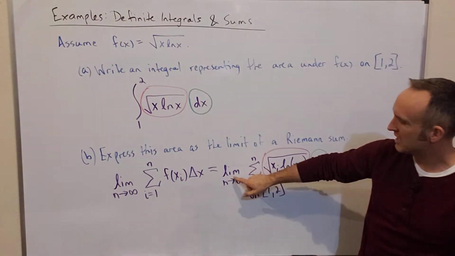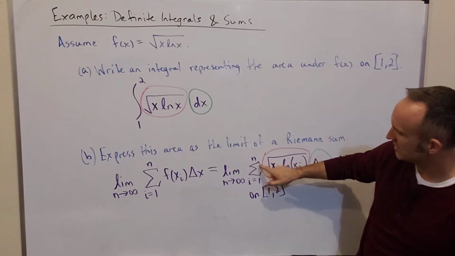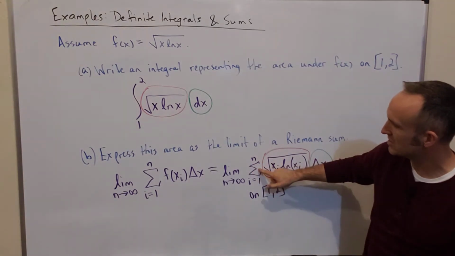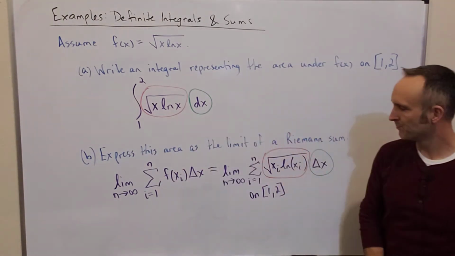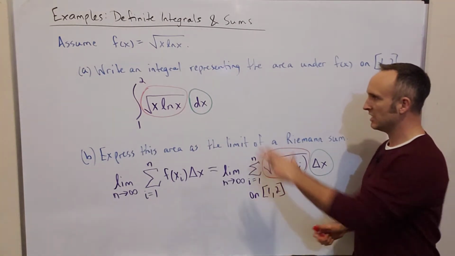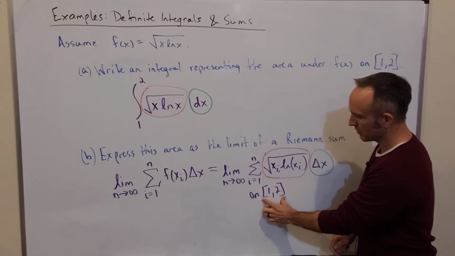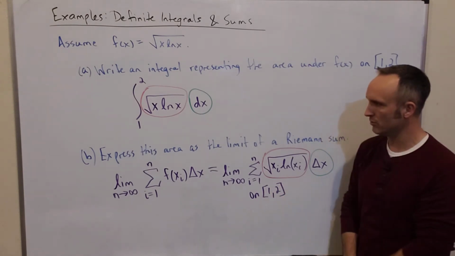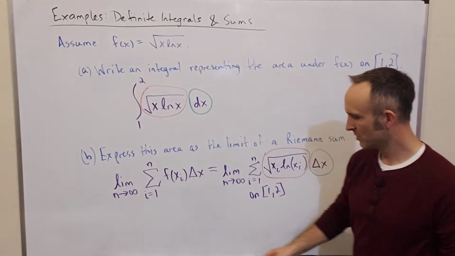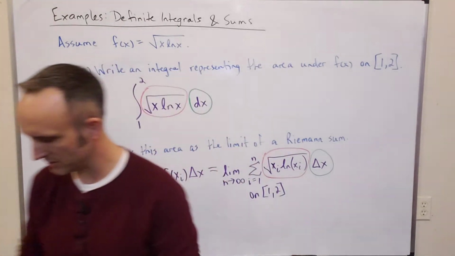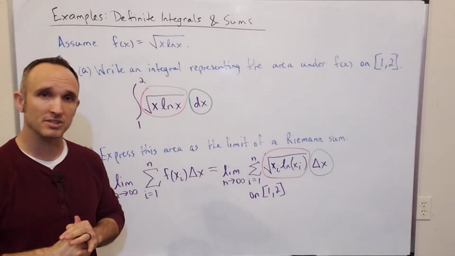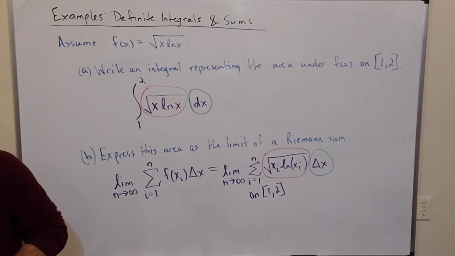Also, whenever you take this limit, this sigma turns into this elongated s. The tricky part is that in your integral you don't have an index at all. You just use the limits of integration, your x values from 1 to 2. So that's where the differences lie. But I wanted to point out the similarities and differences of your limit of Riemann sums and your definite integral.